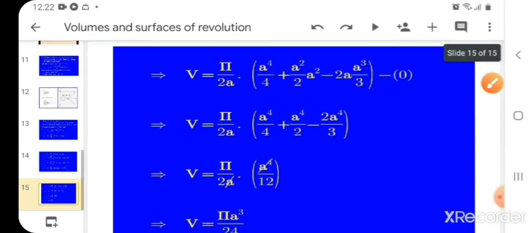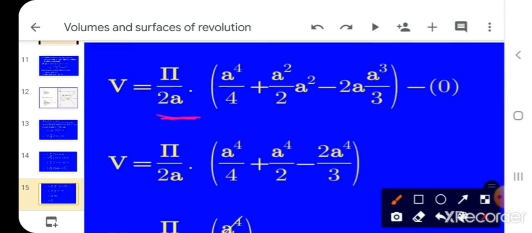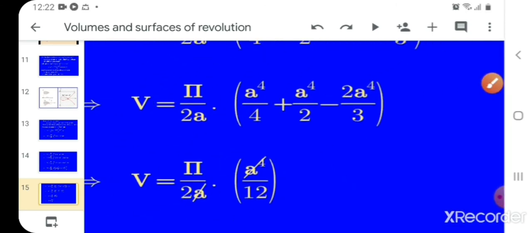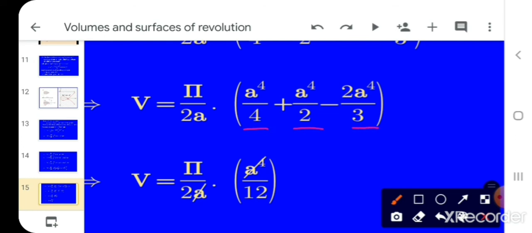See here, pi by 2a, a power 4 by 4, a square by 2 into a square minus 2a into a cube by 3, minus 0. See, a power 4 by 4. a square into a square means a power 4 by 2. 2a into a cube means 2a power 4 by 3. So what is the LCM here for 4, 2, 3? 12 is the LCM.